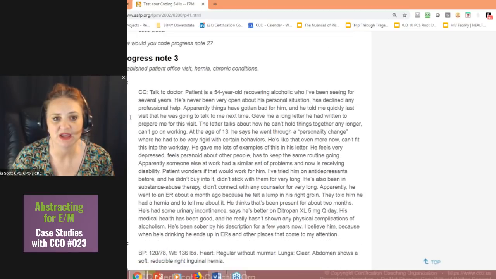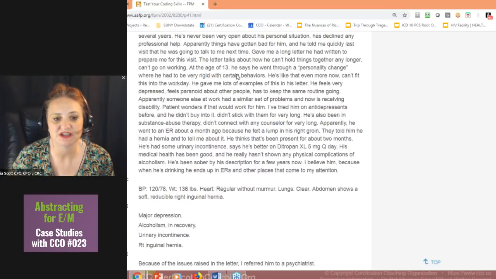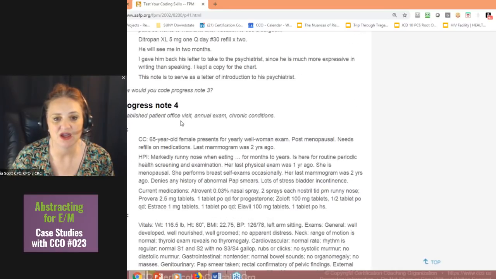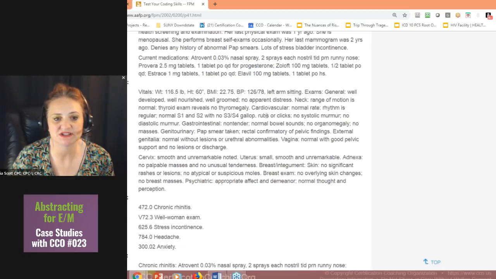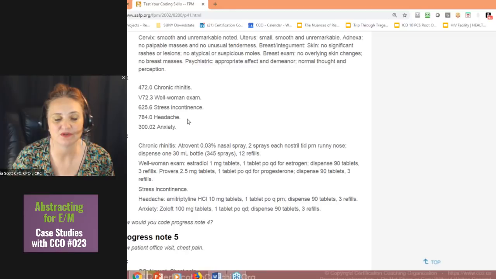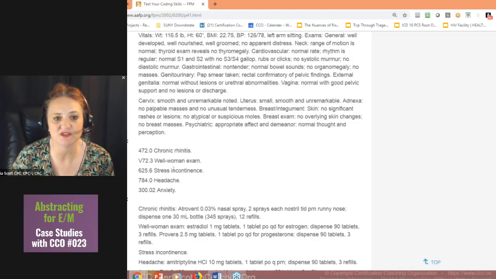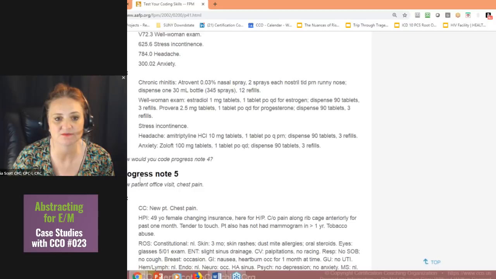So you have 3, again, established patient, but look, hernia, chronic conditions. And then here, annual exam, chronic conditions. Look, they even put codes on there, which, don't worry, these codes might be off just a little bit because this was way back in 2002. So you're going to have ICD-9 there. Don't let that freak you out.